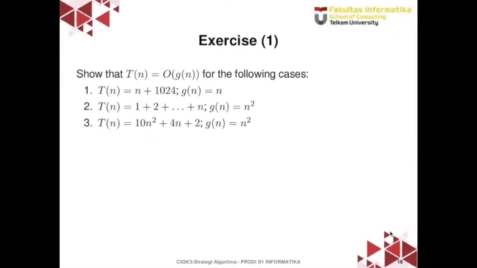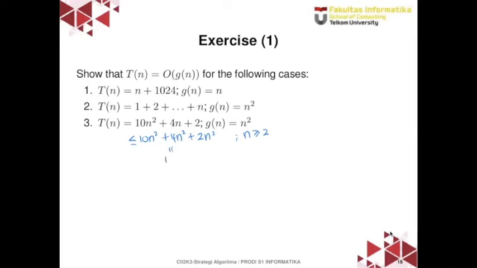Next one. Here we have, this is very similar to number 1, so we can say that it is less than or equal to 10n squared, and 4n is less than or equal to 4n squared, and 2 is less than or equal to 2n squared, but of course it only holds for n at least 2.